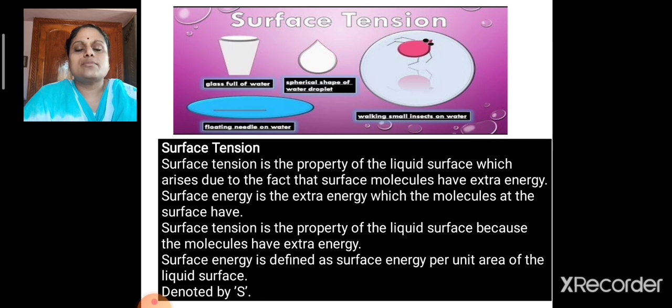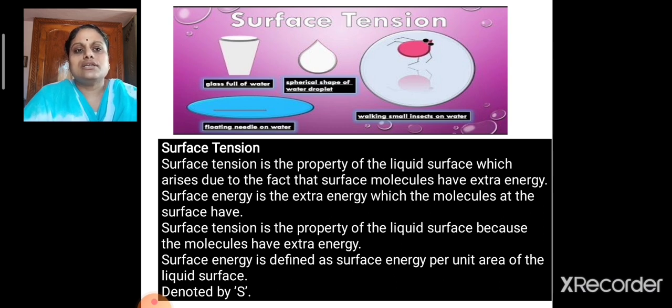Now let us discuss the property of surface tension. In this picture, you can see a glass full of water, a spherical water droplet, a needle floating on water, and small insects walking on water. These are all results of surface tension. Surface tension is a property of a liquid surface which arises due to the fact that surface molecules have extra energy.